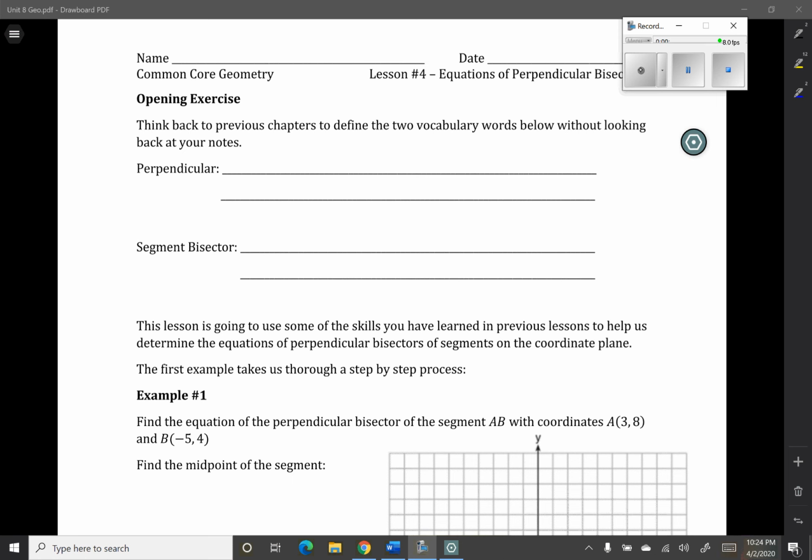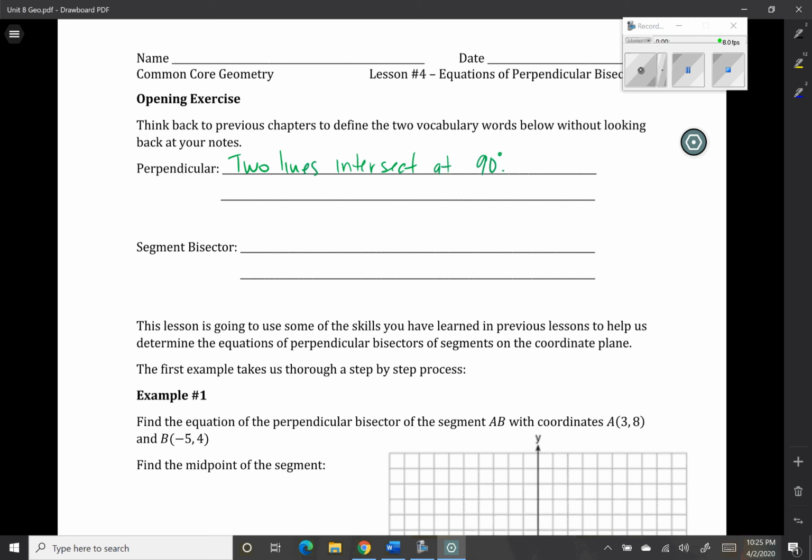The first one is perpendicular. So what does perpendicular mean? Perpendicular means to us that 2 lines intersect at 90 degrees.